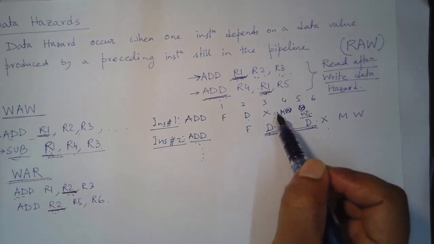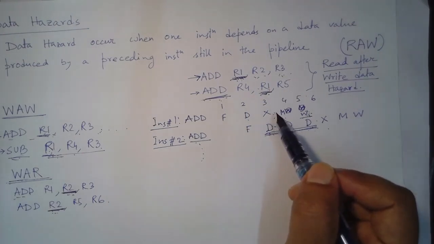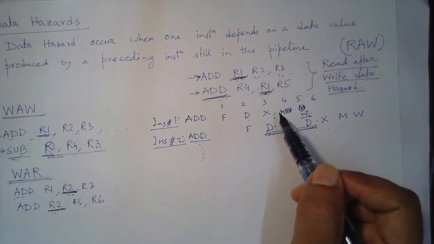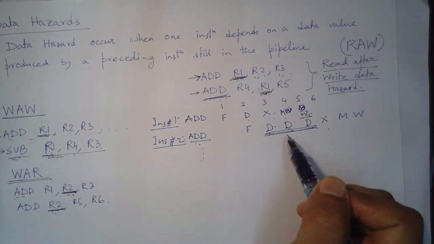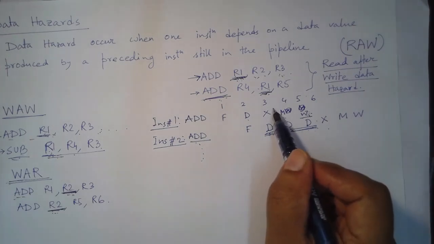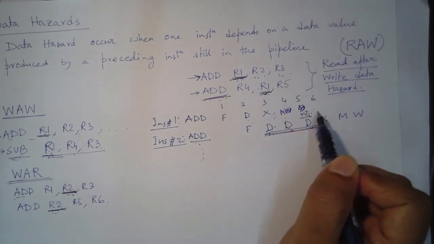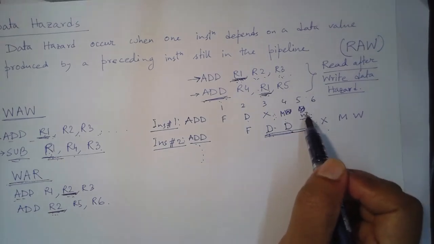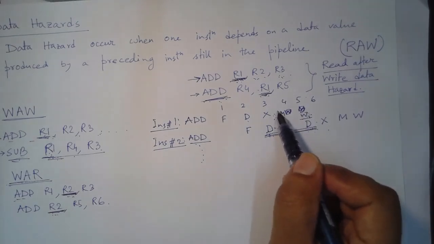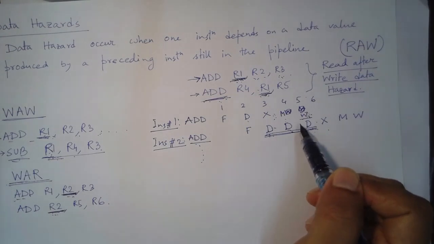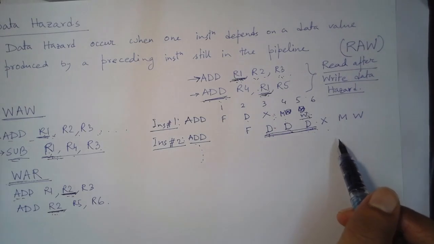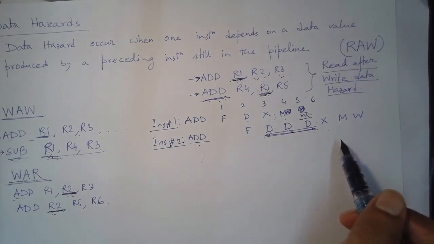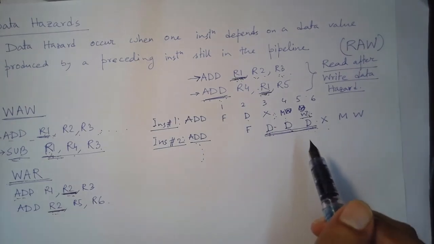So, now this observation leads to some interesting conclusion. So, now the value I need for instruction 2 is already available after cycle number 3. So, why should I stall everything till cycle number 5? As soon as the value is available, can I make use of that value so that I can improve my performance? So, that is what this bypassing or forwarding strategy says.